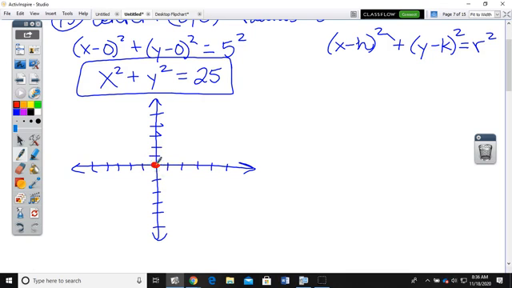And you go up, down, right, and left your radius. What was your radius? 5. So you go up 5, right 5, down 5, and left 5. And then you just draw the best little circle you can around those dots.